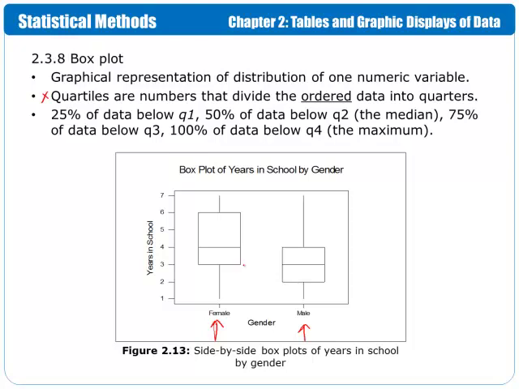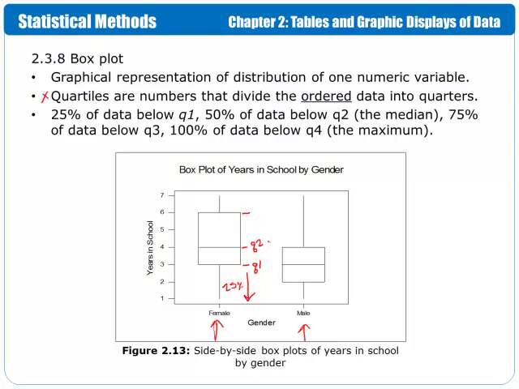So on the box plot, we have different points of interest. We have the bottom part of the box, we have the part where the line is, and we have the top of the box. The bottom of the box is Q1, which is our first quartile, which means that 25% of our data are below Q1. The middle line is at Q2, which is the median, or the 50th percentile.